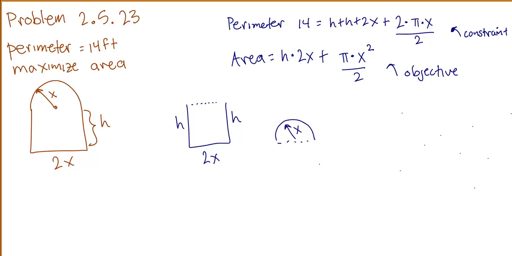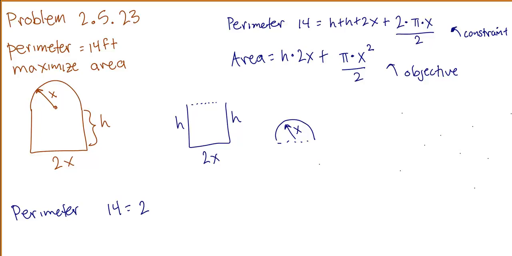So let's go through our perimeter and pick one variable to solve for to plug into the area. It doesn't matter which one you solve for. I'm going to solve for h just because it only shows up once, so it seems a little bit simpler. So again, looking at our perimeter, I'm just going to simplify what we had up above.